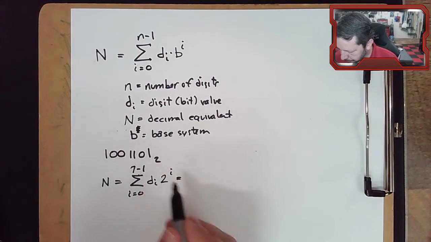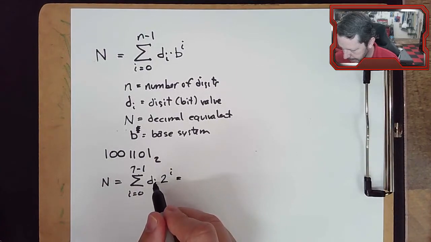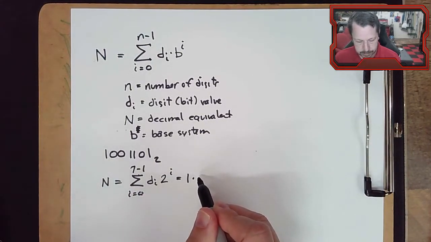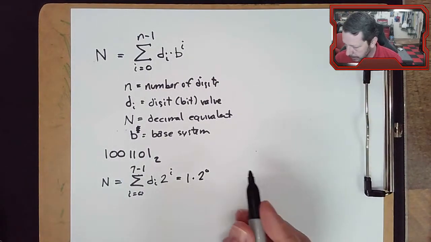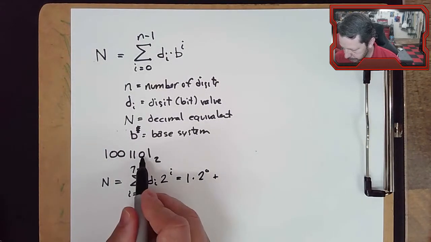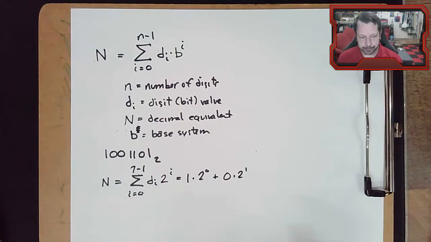So I'm going to expand this summation now. So d sub i is 1, times 2 to the 0, we'll write 2 to the 0, it'll be 1. And then it's a summation, so plus, we increase our index to 1. The next spot is 0 times 2 to the first power.